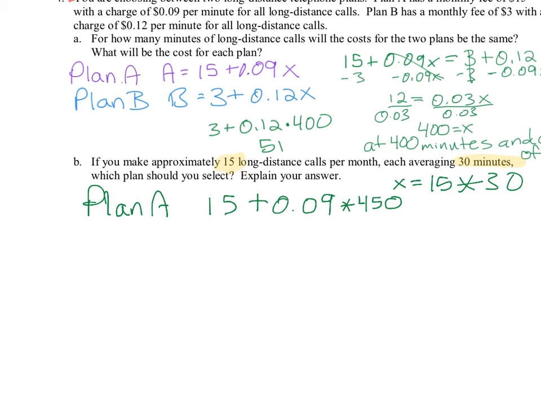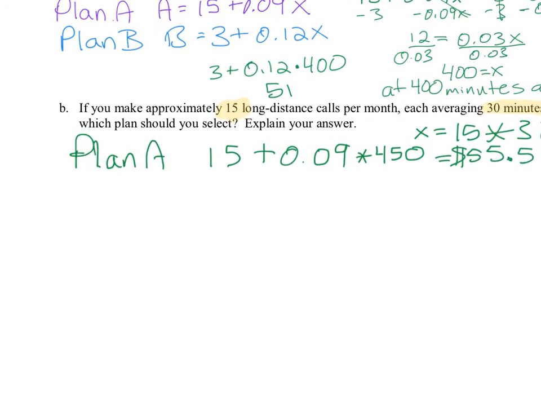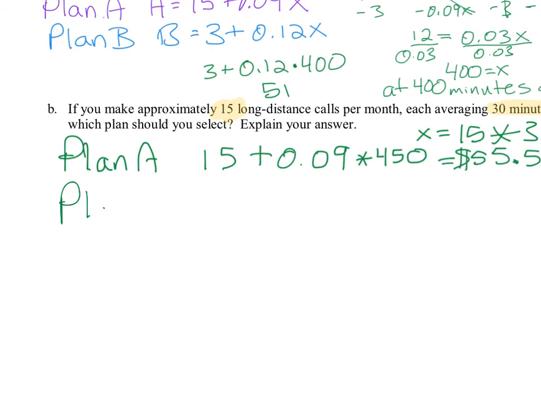All right, I'm going to put that in my calculator. 15 plus 0.09 times 450. And I get 55.5, and this is the cost, in dollars. Okay. For plan B, I have 3 plus 0.12, also times the 450 minutes.